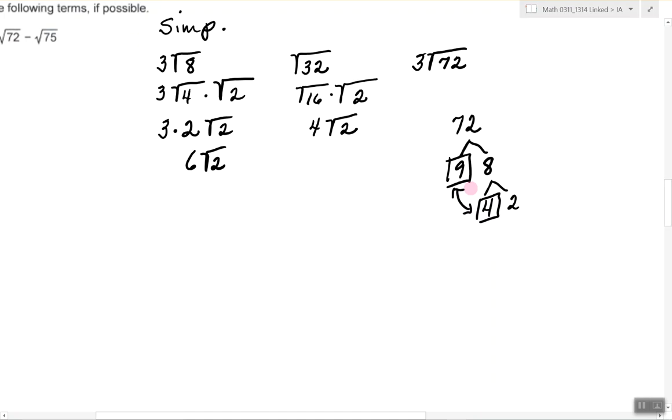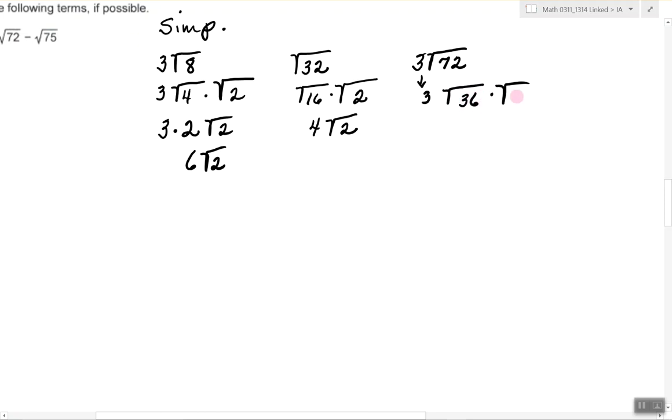That means 9 times 4 is 36. Keep the 3. Square root of 36, and it goes in there 2 times. So that's 3 times 6 times the square root of 2, or 18 times the square root of 2.